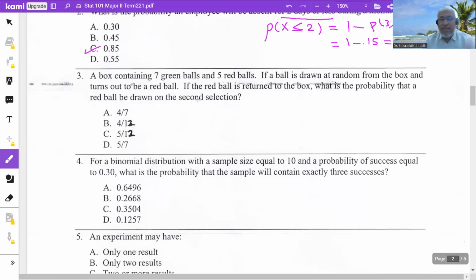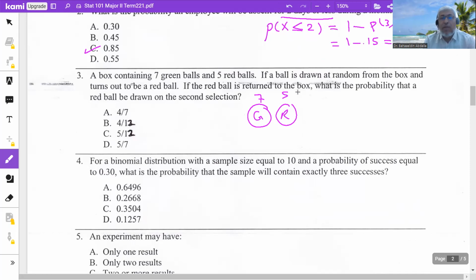A box containing 7 green balls and 5 red balls. So we have 7 green and 5 red. If a ball is drawn at random from the box and turns out to be red, so we draw a ball from the box, and it's red.